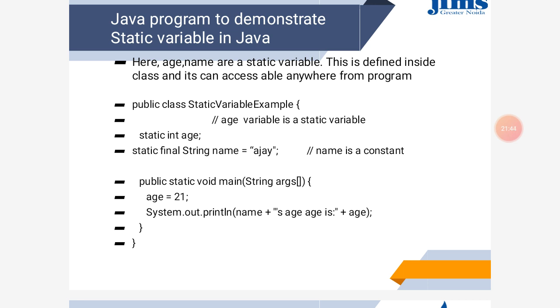So it becomes constant. You cannot change its value anywhere. There is one method, the main method, that is static, and you can mention 21 here. Otherwise we can write class name dot age equal to 21, so we can initialize the value.